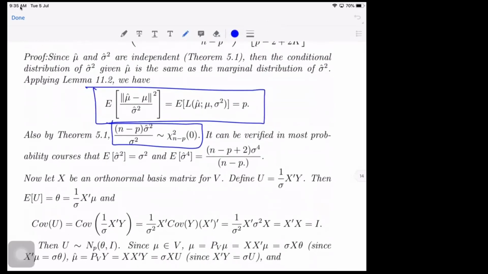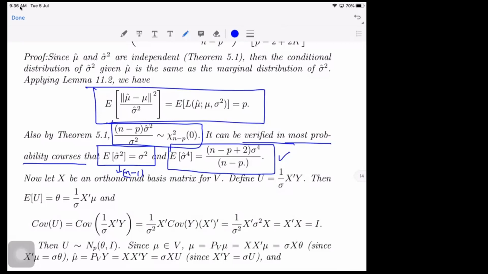And mostly verified in probability courses, you should know the expected value of sigma hat square, with a denominator which is n minus p, is an unbiased estimator, and for the fourth power, you can verify this to be equal to n minus p plus 2 sigma to the fourth over n minus p.